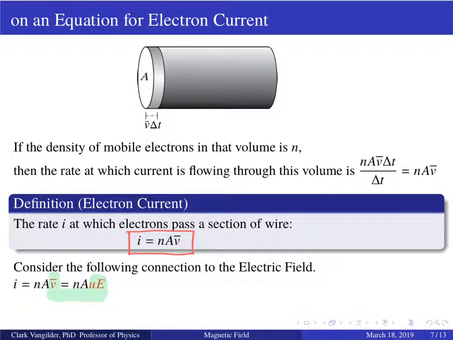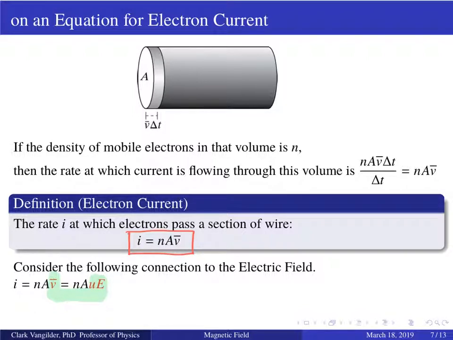But what we can do is know what the electric field applied to a wire or some conductor is. And every material has its own electron mobility number, little u. So therefore we can actually know, given that we know what field we're applying to a conductor, u, the electron mobility, is a constant per conductor, copper, steel, aluminum, etc. The cross-sectional area, I know the gauge of the wire.